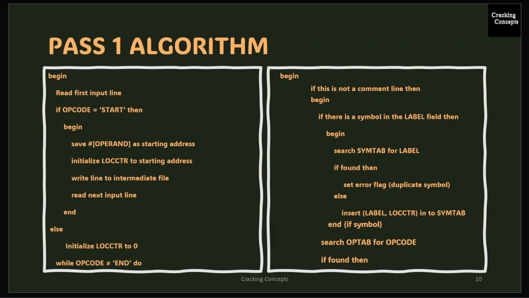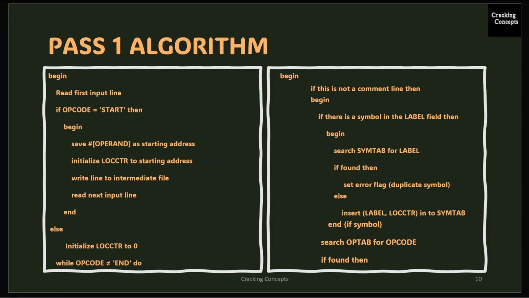That is, there is a chance of duplication. If that label is not present in the symtab, it will insert the label and the location counter value of that particular statement into symtab, which will act as the address of the label.